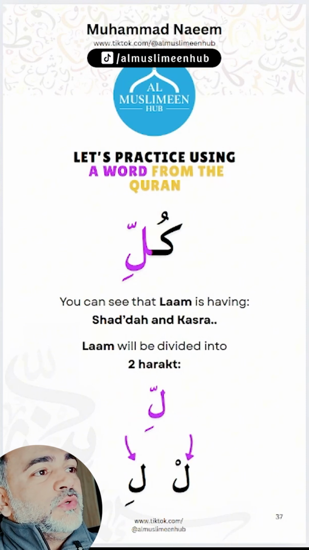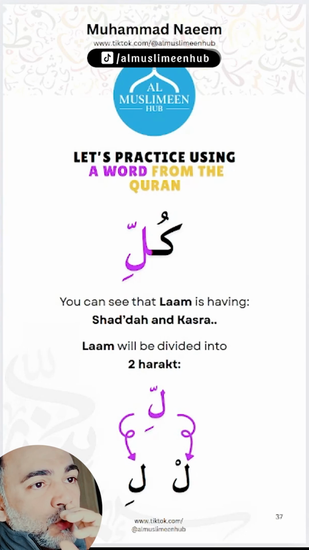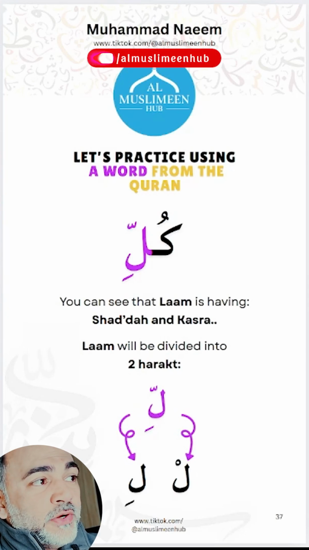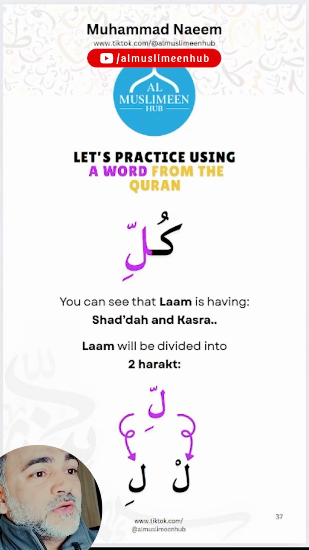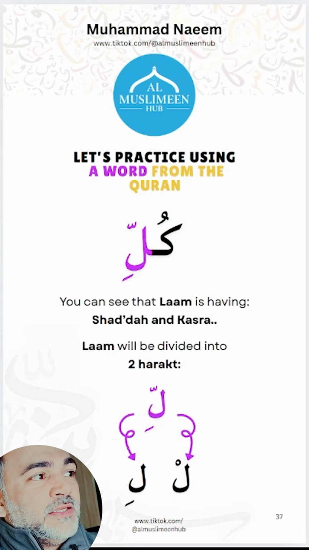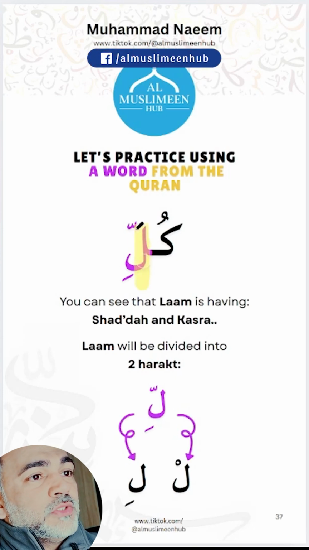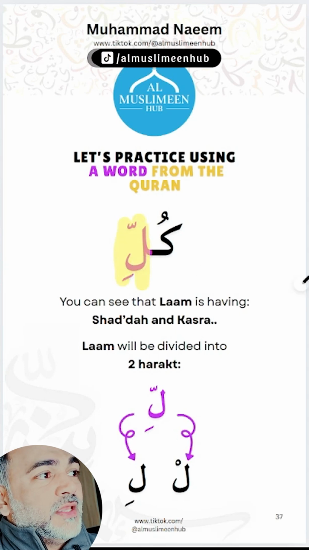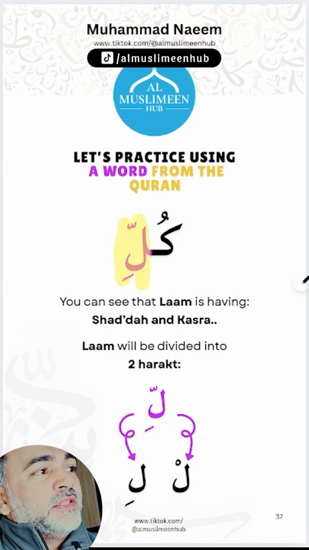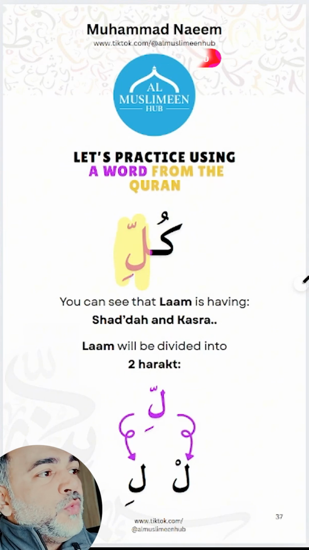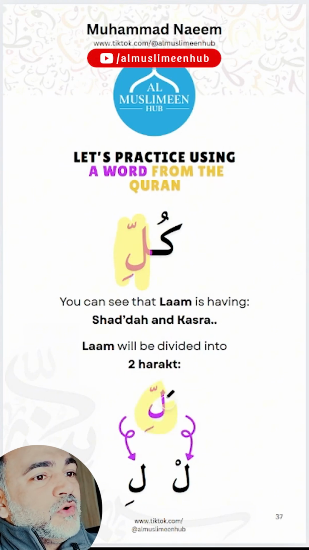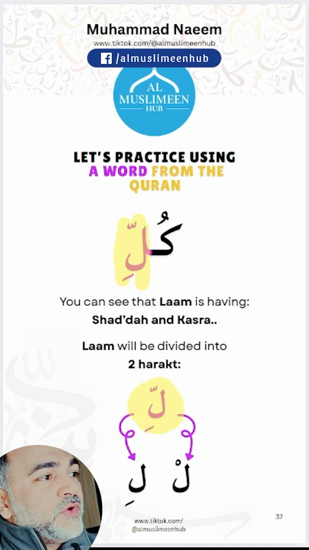Here you can see I'm having a word called kulli. Automatically you heard me repeating the lam sound twice, kulli. So now you know that on the lam we have shadda, and below the shadda you have kasra. So you have to break that component into two. How will we do that? You see that here on the lam, I have brought it down for you to understand what is happening here. First, you need to break the lam into sukoon.